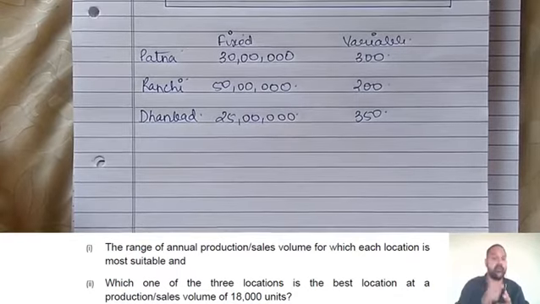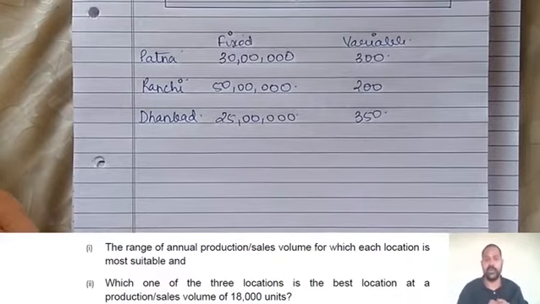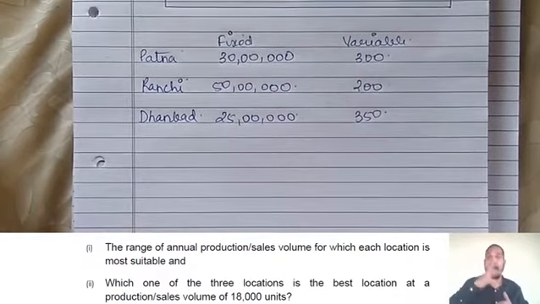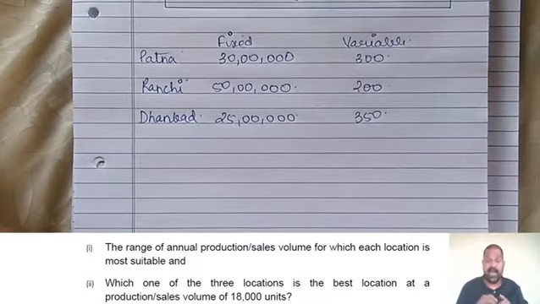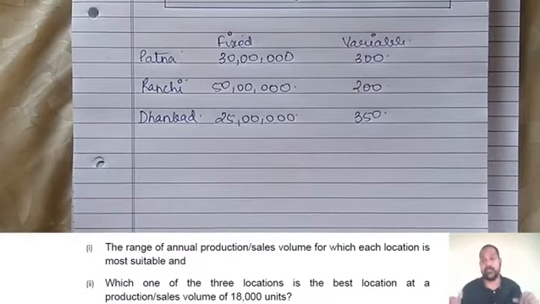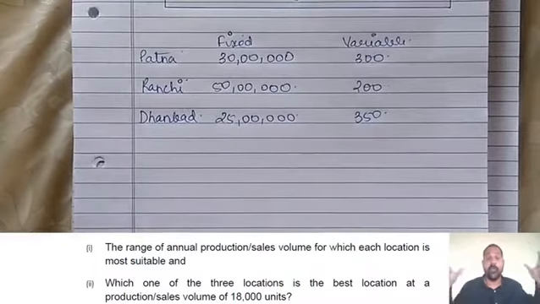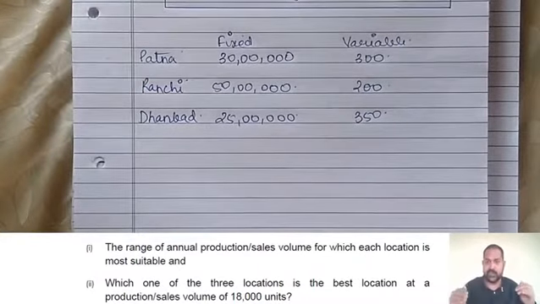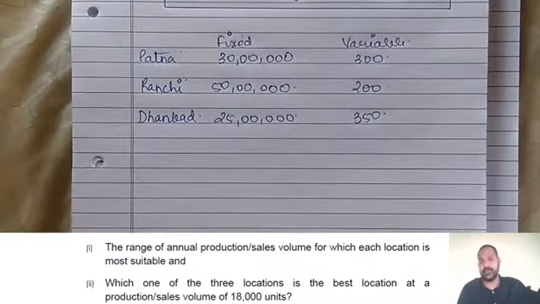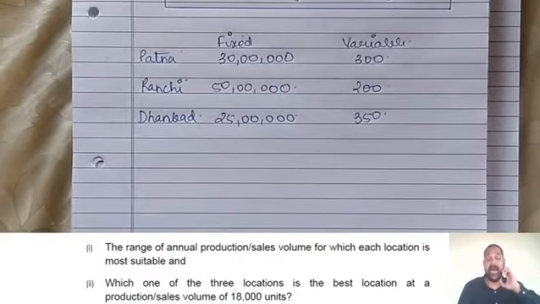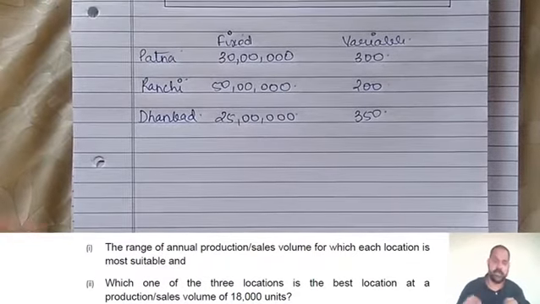So they are not looking for a single production unit. They are looking at multiple production volumes where different locations might be favorable. So they want in one question an entire answer that, oh, if I'm producing 10,000 units, here I should produce. And if I'm producing 40,000 units, I should produce here.